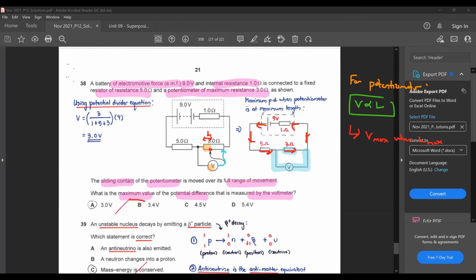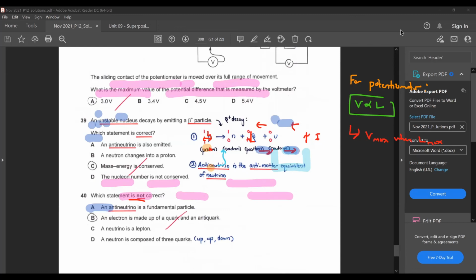Current will not flow into my voltmeter because voltmeter is assumed to have infinite resistance, so it doesn't draw current. So this is my only current flow. So notice that in my case, this resistance, and this resistance all have the same current I. So I know that I can use potential divider equation. So in my case, it will be 3 over 1 plus 5 plus 3 times my V in, which is 9. I'll get 3 volts. So answer is 3 volts. Okay, so this one should be okay.